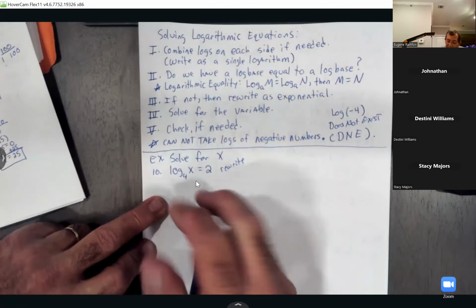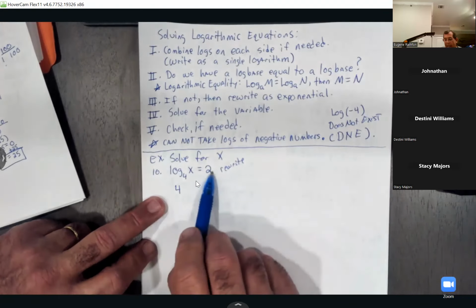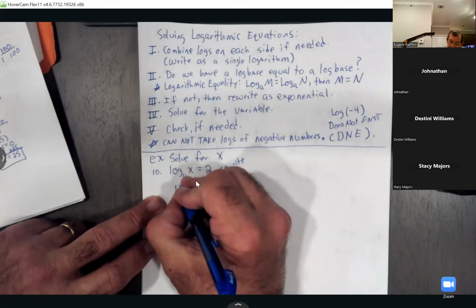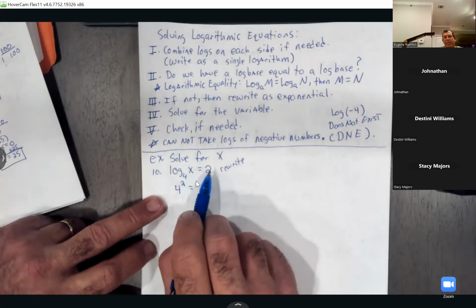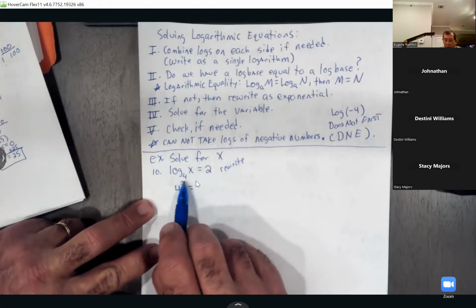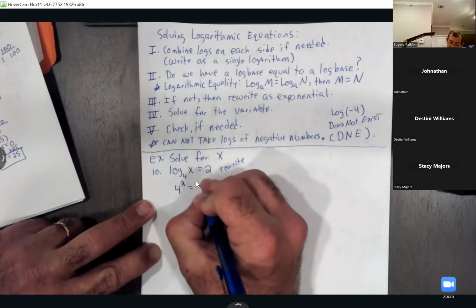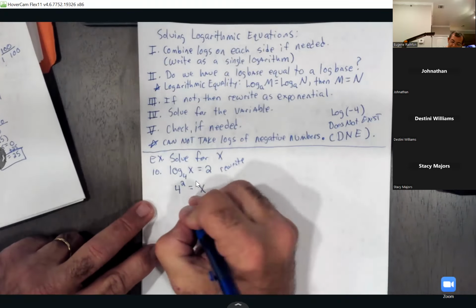Remember, 4 is your base. So bring down that 4. The exponent is the 2. Remember, the logs find exponents, so you've got to get used to that exponent being that right side here. And then 4 squared equals that result of an X. All right, y'all.